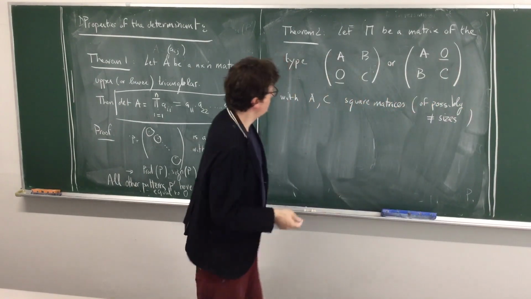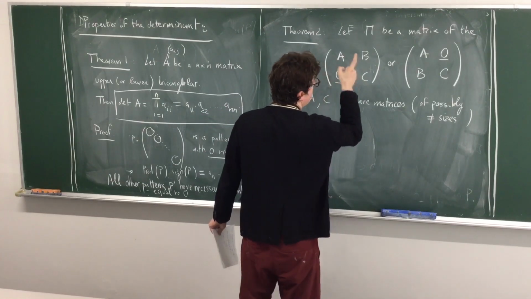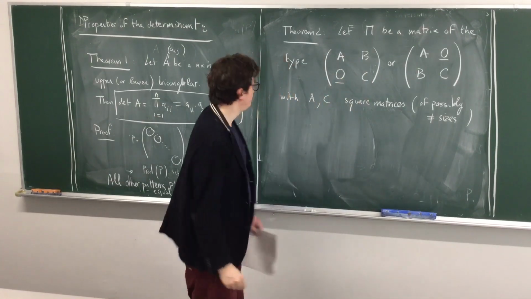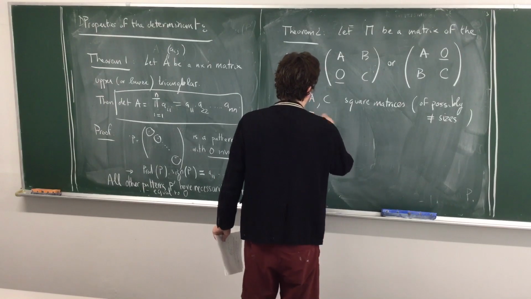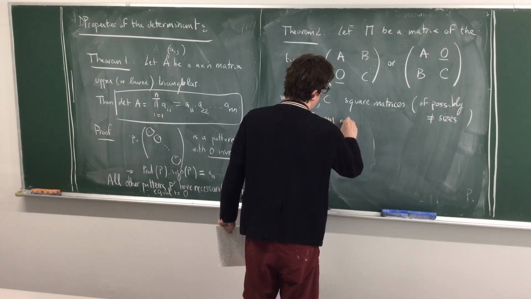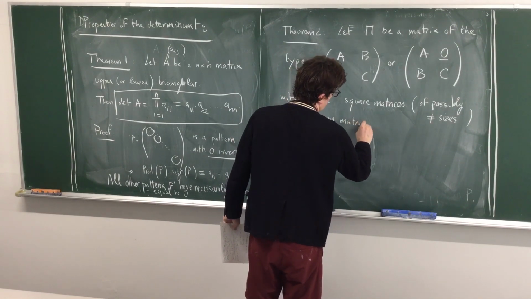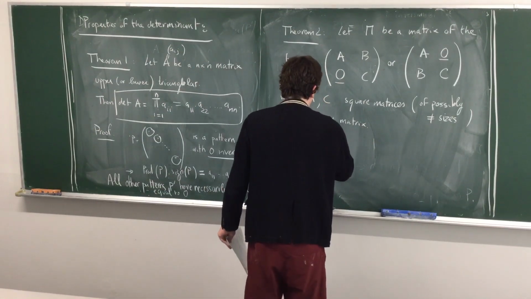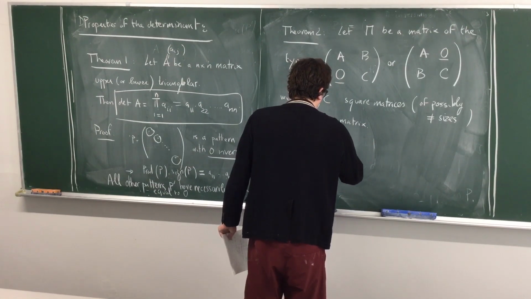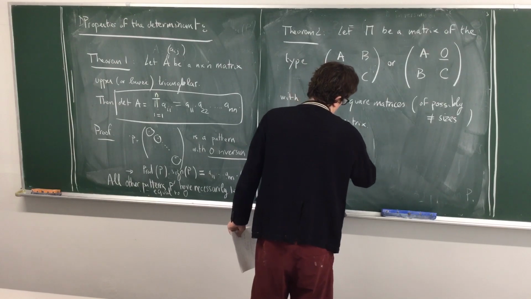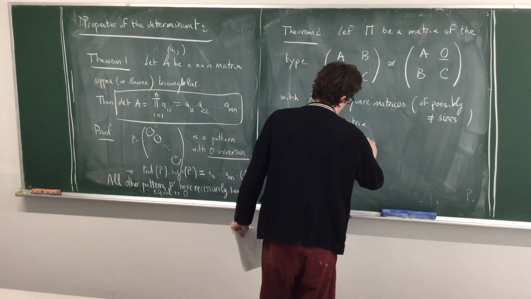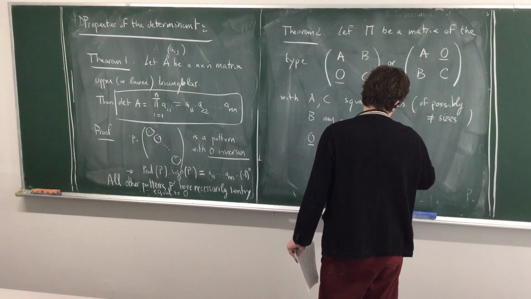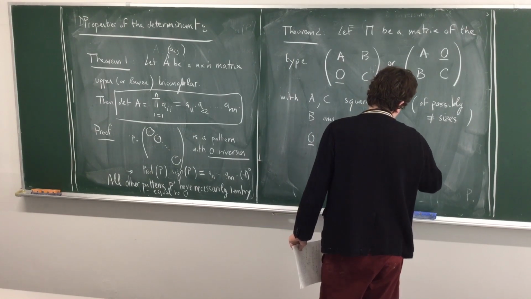Okay, they don't need to have the same size, but they need to be square. B is any matrix, so not necessarily square, it can be a rectangular matrix, and 0 is any matrix whose entries are zeros.